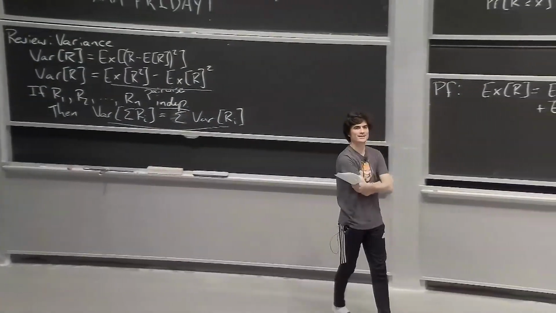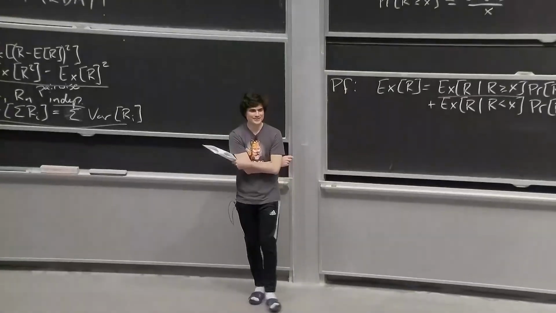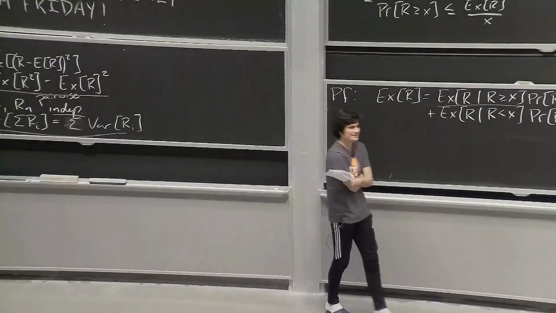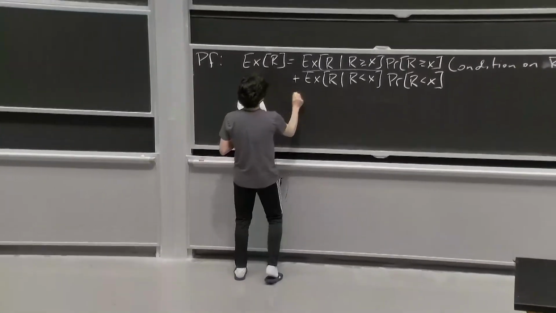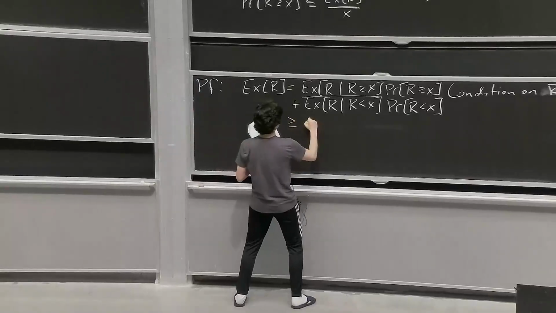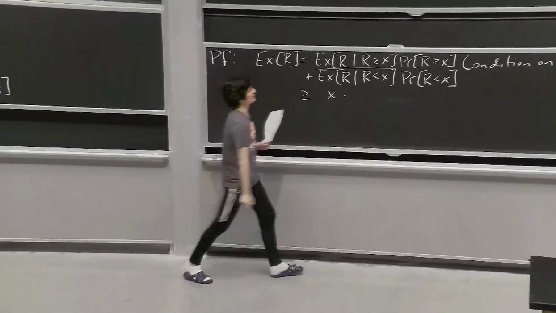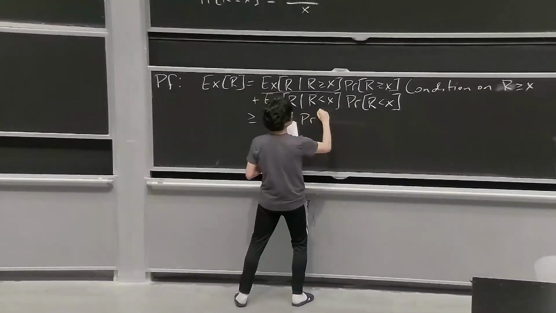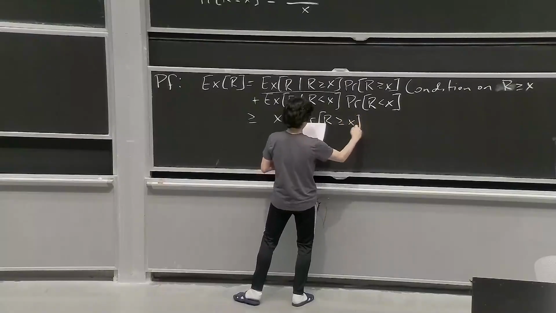Yeah, it's at least x. If you condition on R being at least x, the expectation of R is also going to be at least x, right? Every outcome is at least x. Okay? So this is going to be at least x times, well, this is the probability that we're looking for, so let's just write it out as it is.